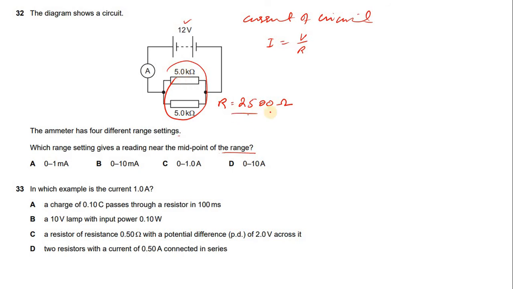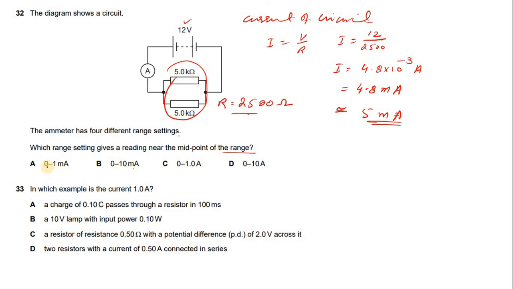So current will be 12 divided by 2500. Your calculator will give you 4.8 times 10 to the power minus 3 ampere, and 10 to the power minus 3 is milli. So you can say 4.8 milliampere, which is approximately 5 milliampere, and this is half of the range 0 to 10.